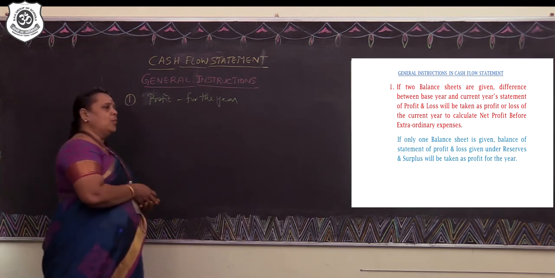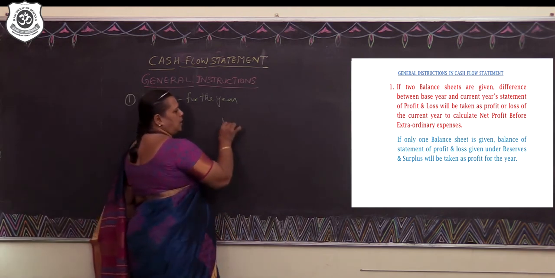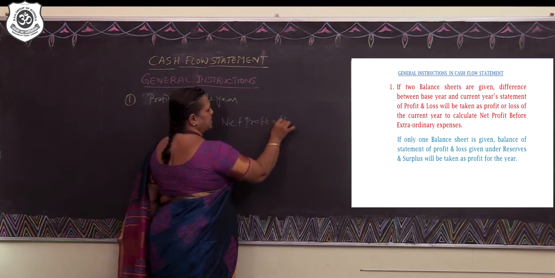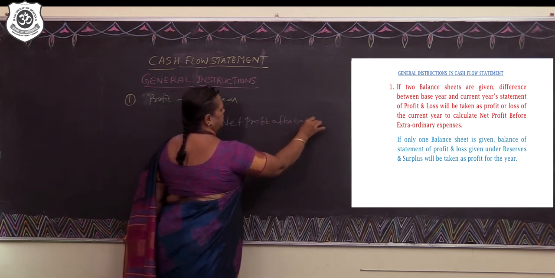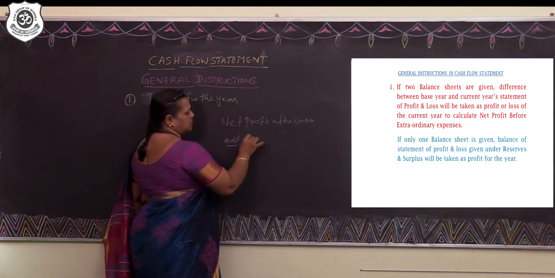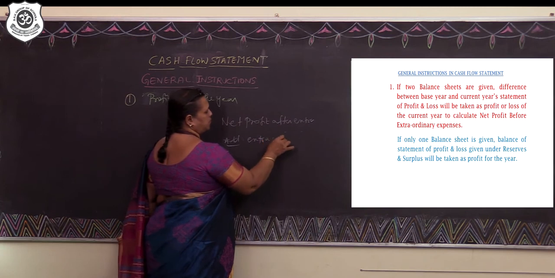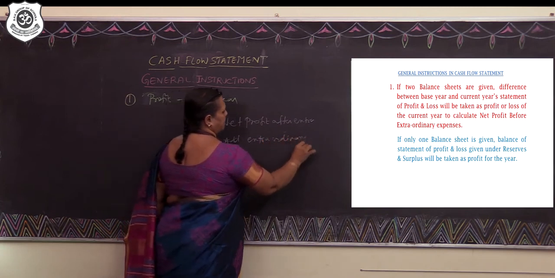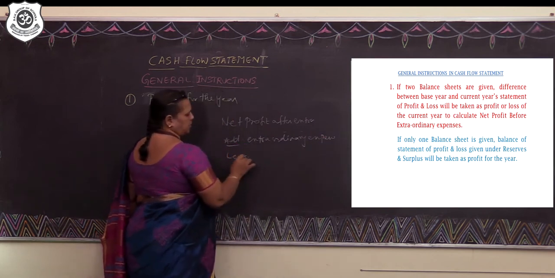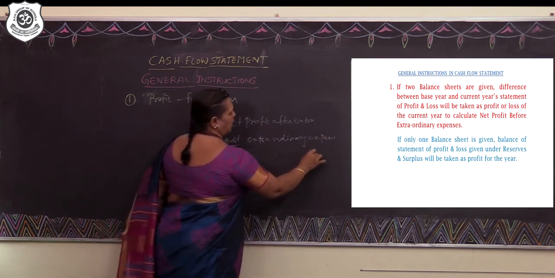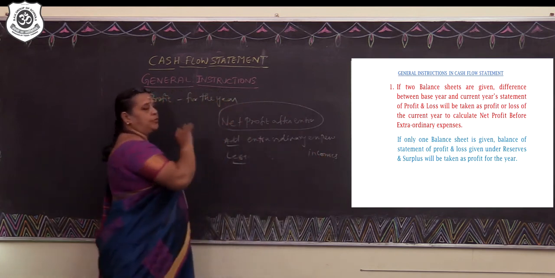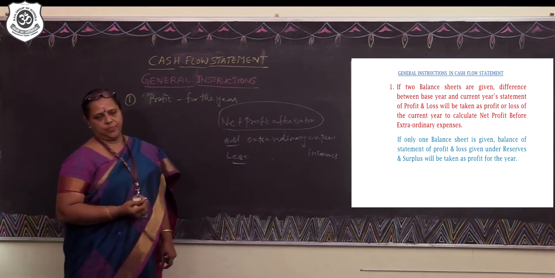For that, the formula we discussed was with the net profit after extraordinary items, we added extraordinary expenses and we subtracted extraordinary incomes. Isn't it? This is what we did. Now, how are we going to arrive at net profit after extraordinary items?